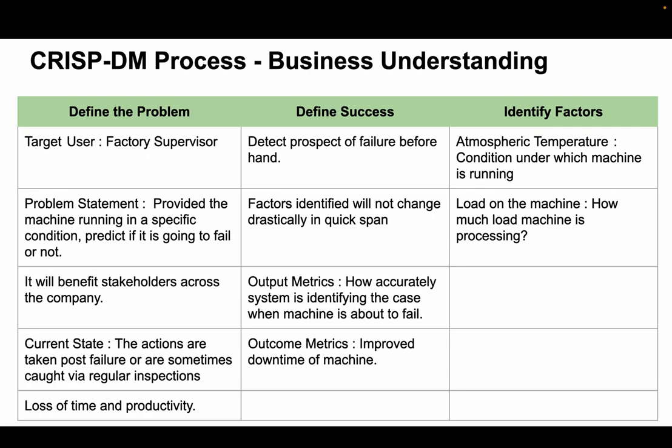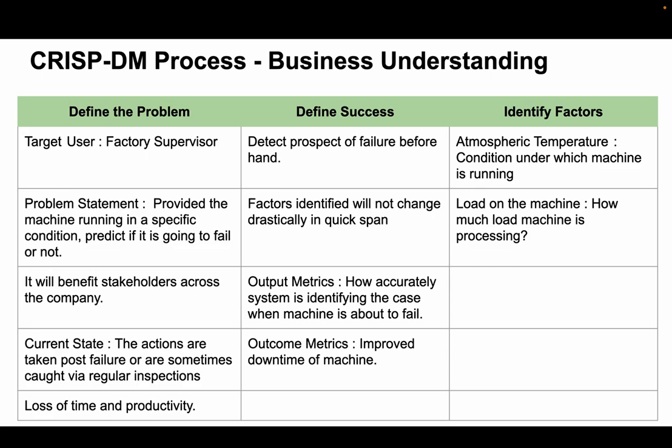Current state: either we have regular inspection of the machines or the action is taken post failure, and that leads to loss of time and productivity. Now the success criterion is basically being able to detect the prospect of failure beforehand. That the factors identified will not change drastically in a quick span is an assumption. The output metric is basically how accurately the system is identifying the case when the machine is about to fail, and the outcome metric is your improved downtime of the machine.